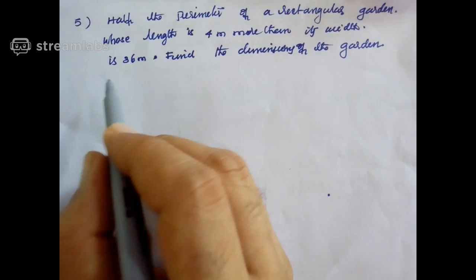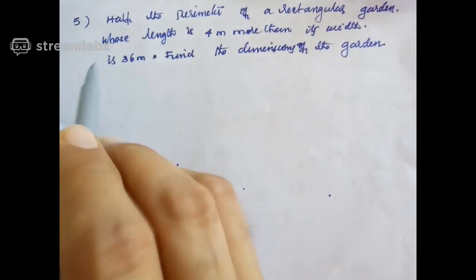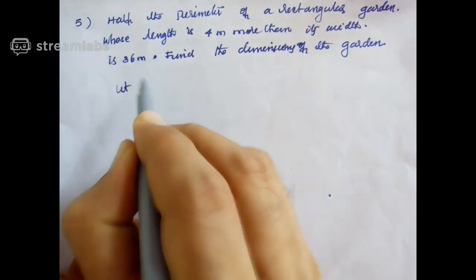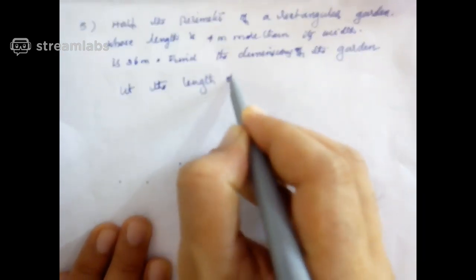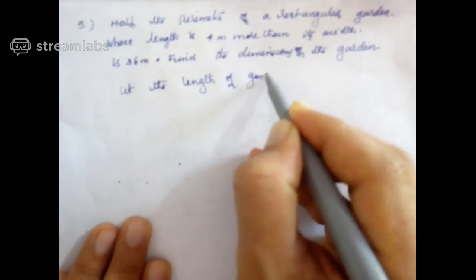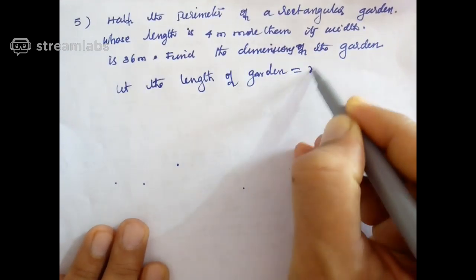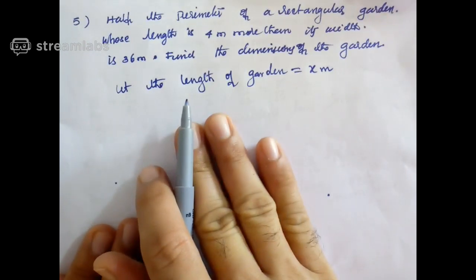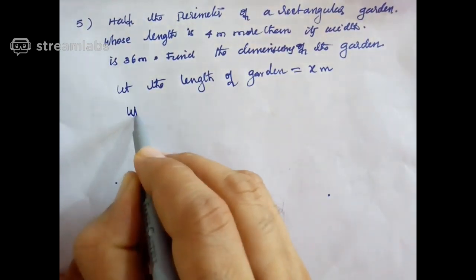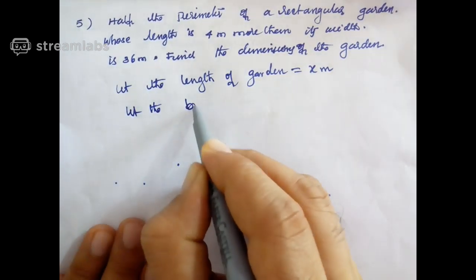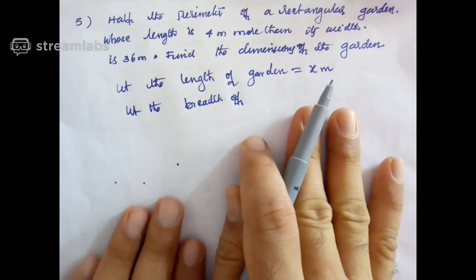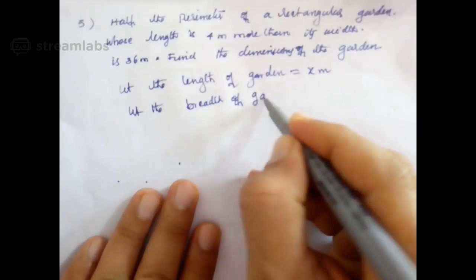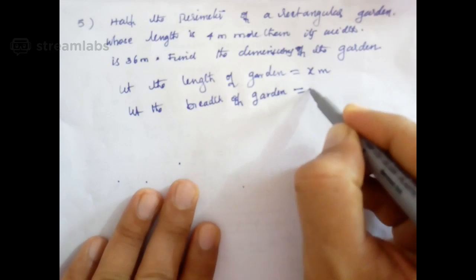Okay. Now let us solve this. Let the length of garden be x meter, and let the breadth of garden be y meter.